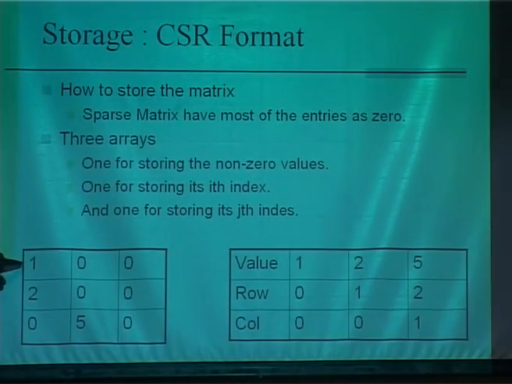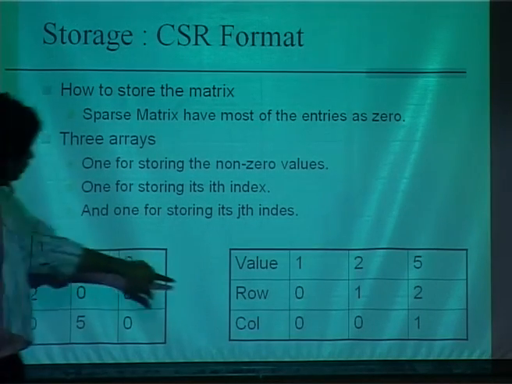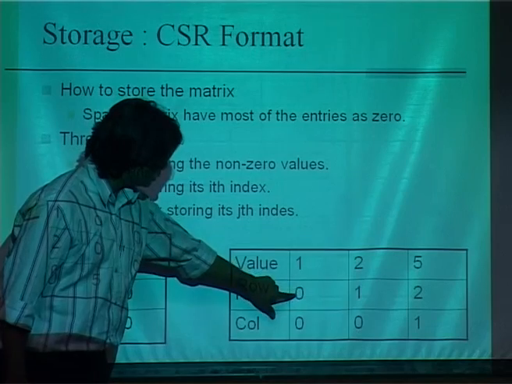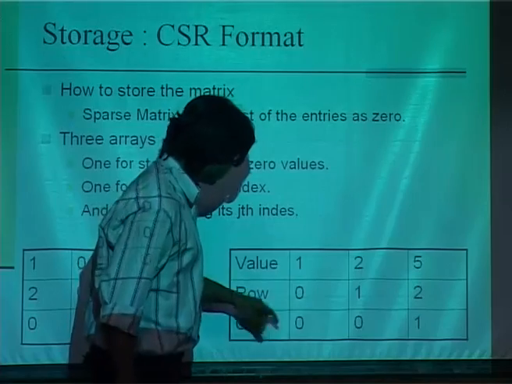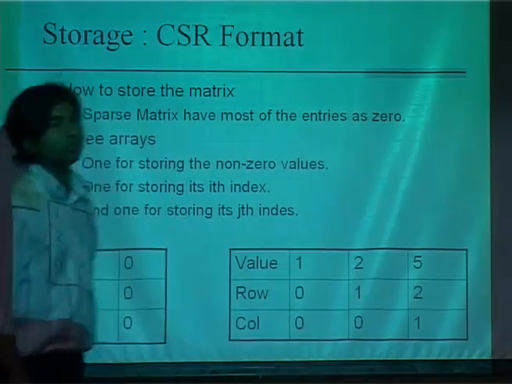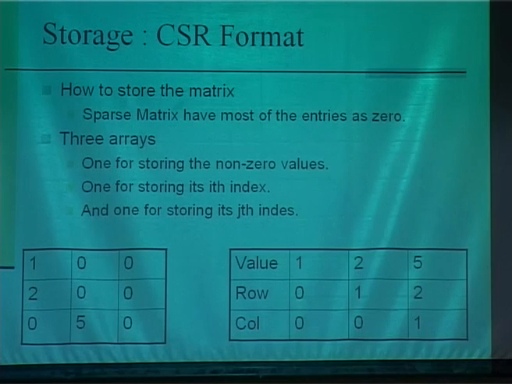If value 1 is at the 0,0 coordinate, then row will be 0 and column will be 0. 2 is at row 1 and column 0, so for 2, row will be 1 and column will be 0. This is how I am storing the sparse matrix in these 3 arrays. It basically reduces the memory space needed to store a sparse matrix.